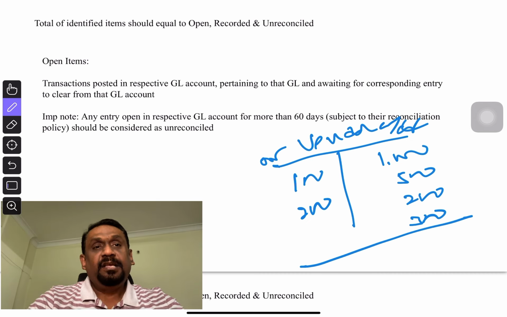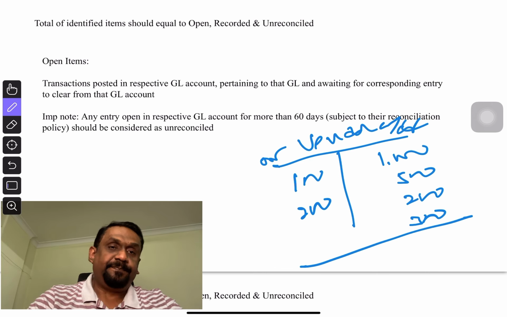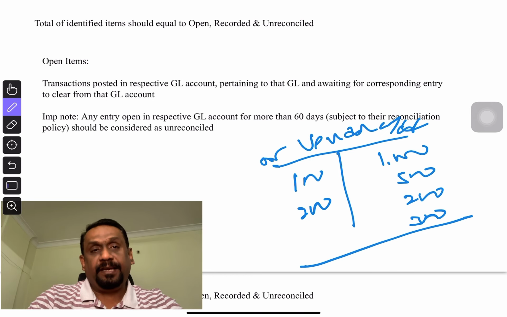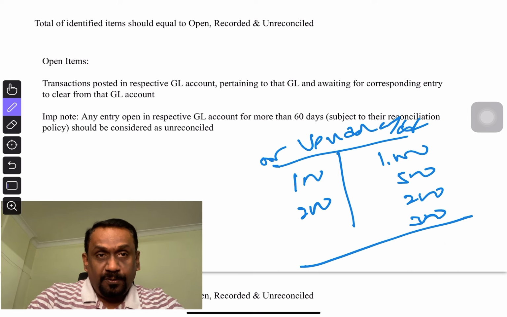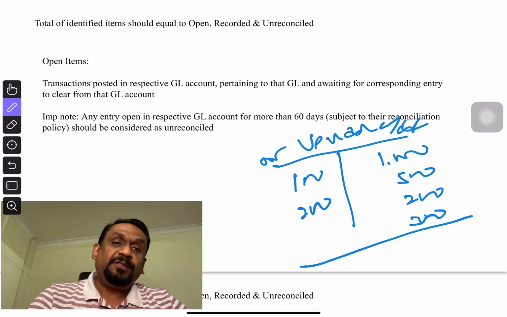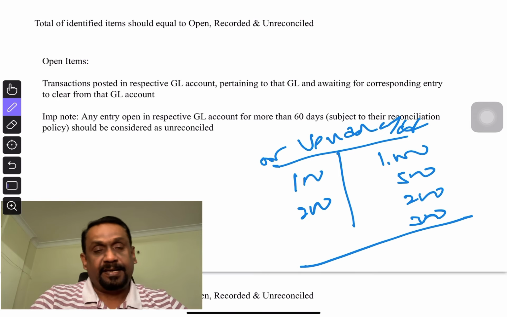Those transactions will be called identified items. Those identified items have to be classified into three categories: open item, recorded item, unreconciled item. I hope you are clear.